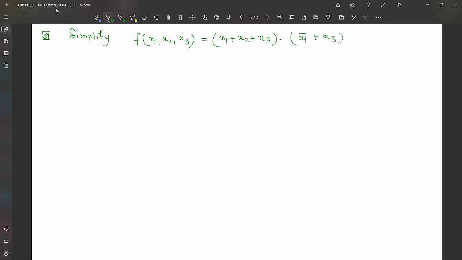At the start we said that the Karnaugh map only works for the DNF form, not for the CNF form. But you can see this is actually a CNF form, conjunctive normal form.